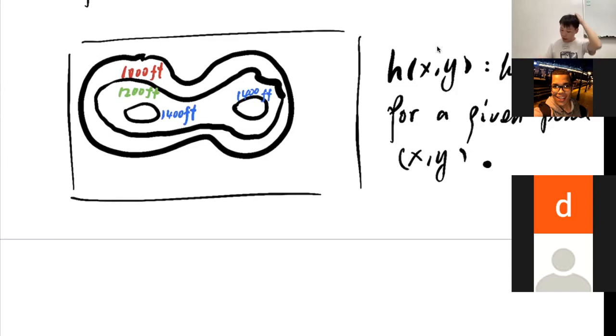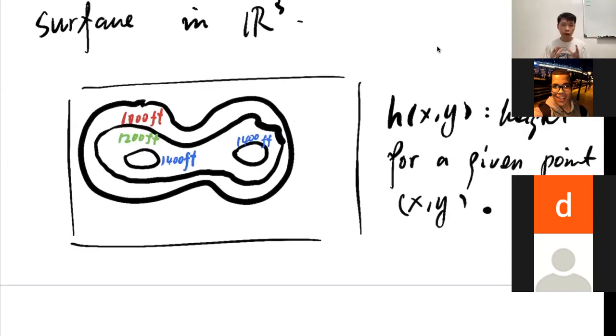All right. I'm only picking three level curves here, but you can imagine there are infinitely many level curves in between, so that it fills the gaps between here and here.